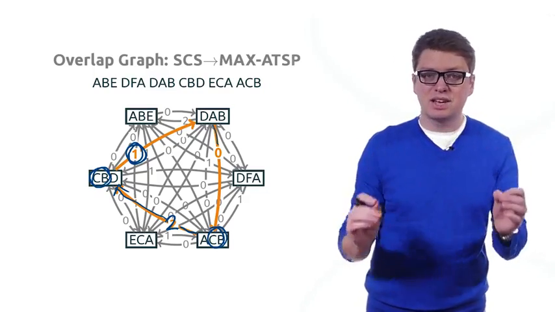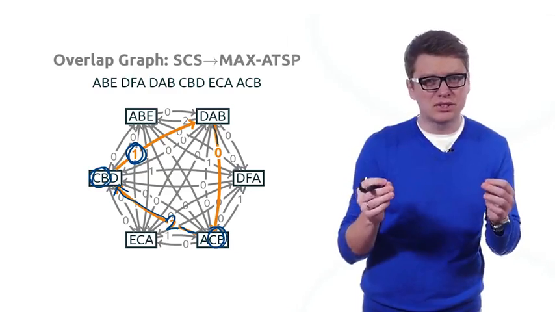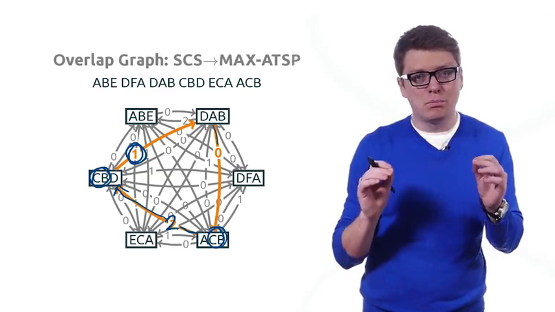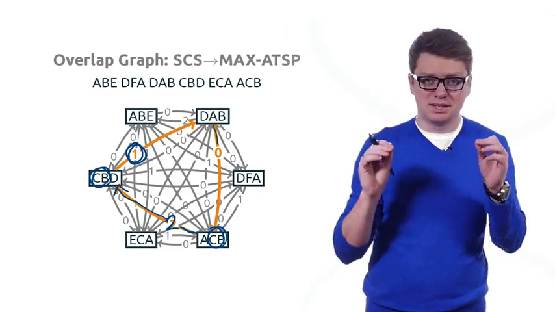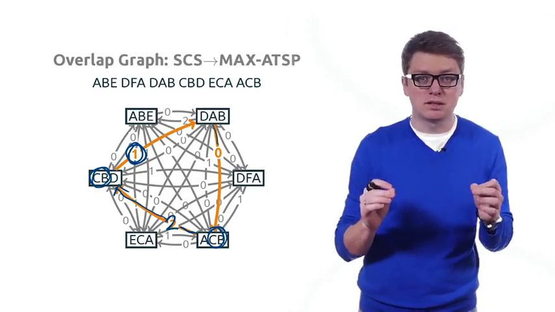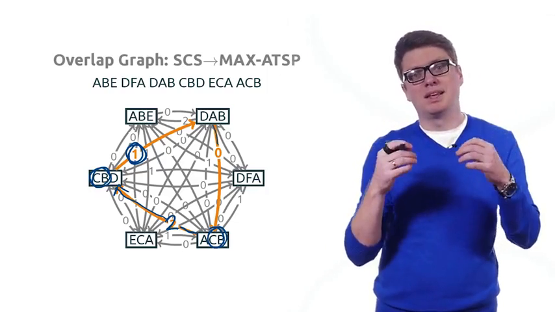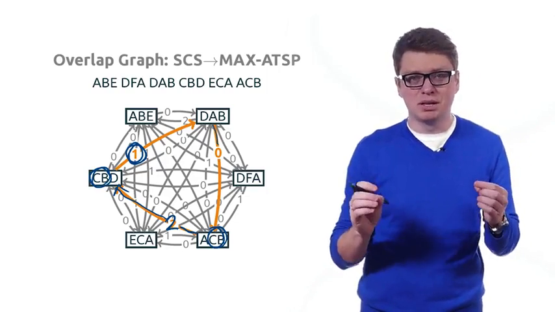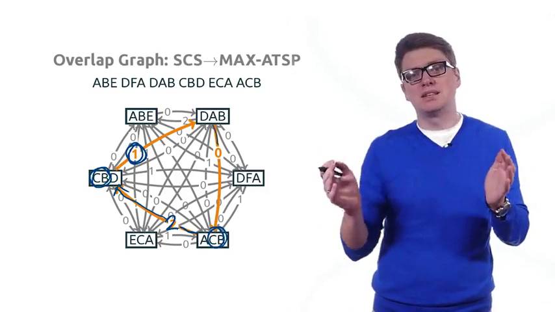Okay, this gives us a directed graph, and what we would like to find in this graph is a path of maximum total weight. So instead of minimum total weight, as in the classical version of the traveling salesman problem, we are looking for a maximum, because the overlap tells us how many symbols we can save, right? And we would like to save as many symbols as possible.